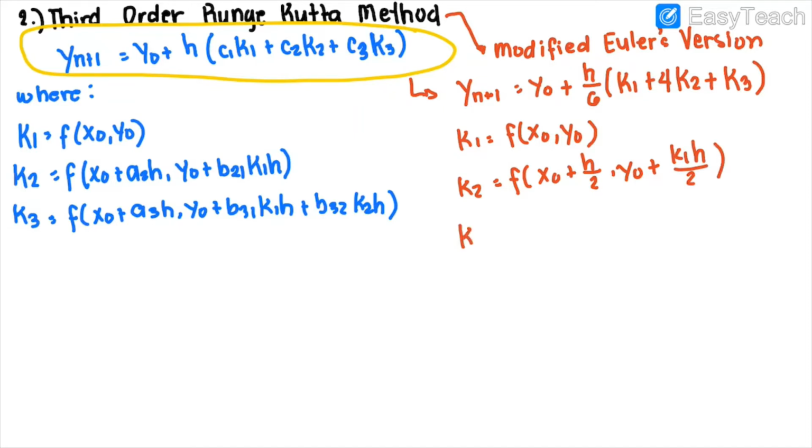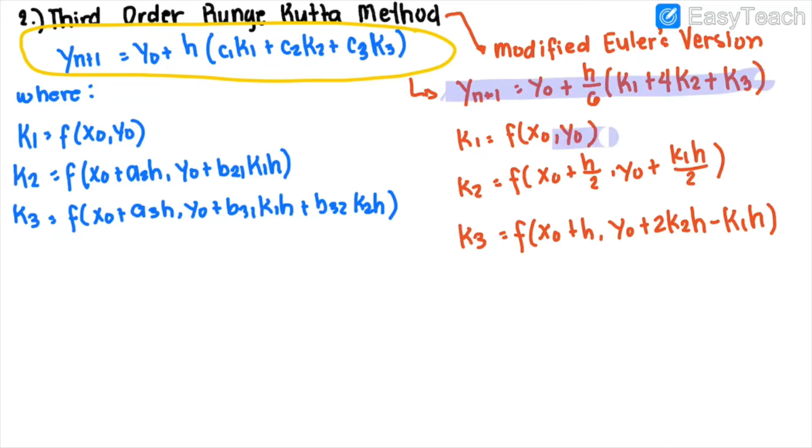And lastly, for k3, we will have k3 equal to f of x naught plus h and y naught plus 2k2 times h minus k1 times h. And that is how we are going to solve the succeeding problems using the modified Euler's version of the Runge-Kutta method third order.